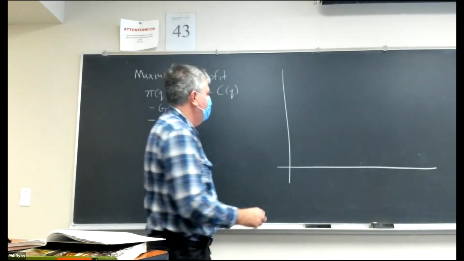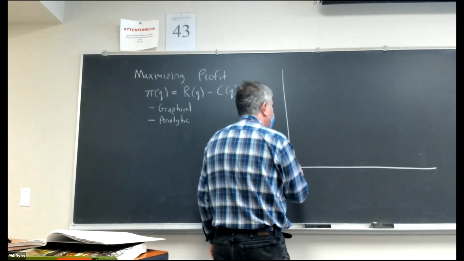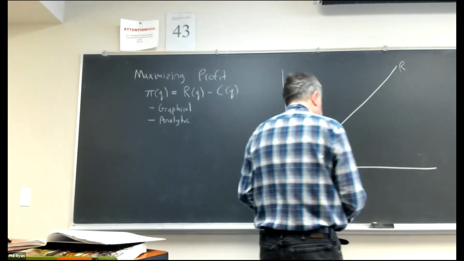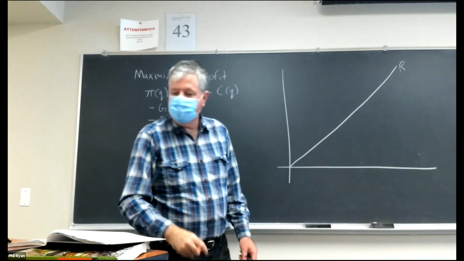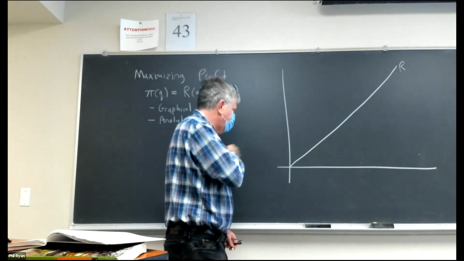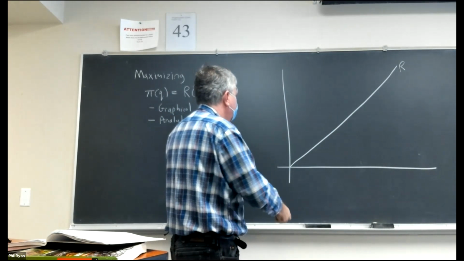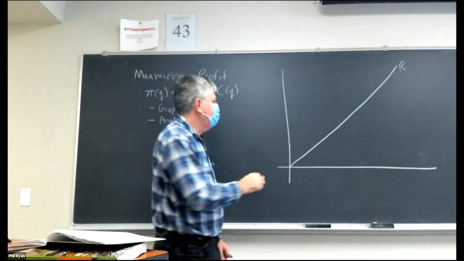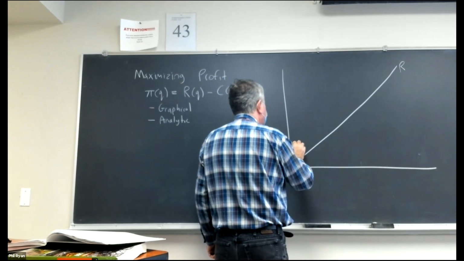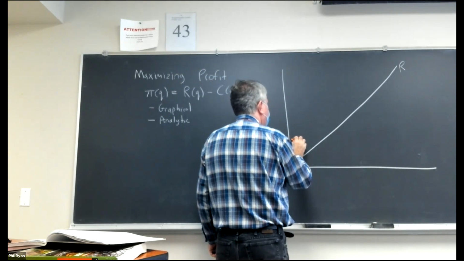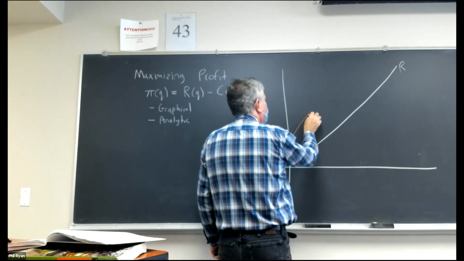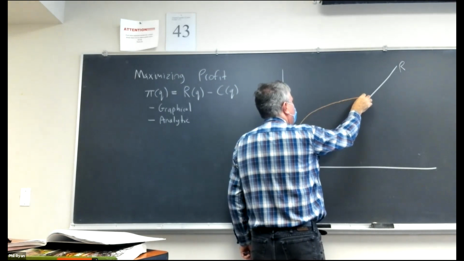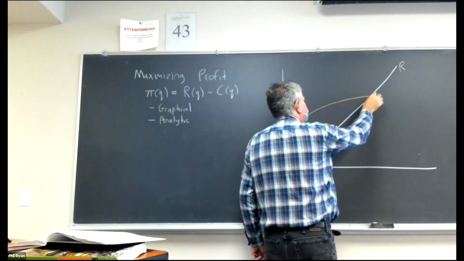So a typical revenue curve might be something like this. And for a typical cost curve, remember, usually we've got fixed costs, so we're going to start above the line here. At the beginning costs are pretty high, but then we get economies of scale.